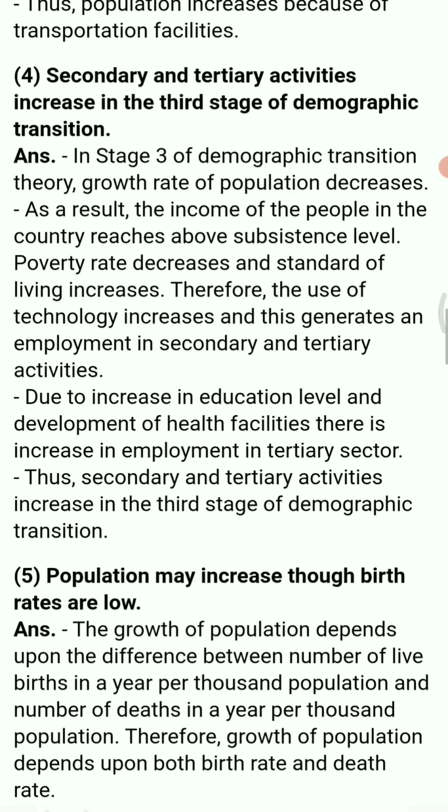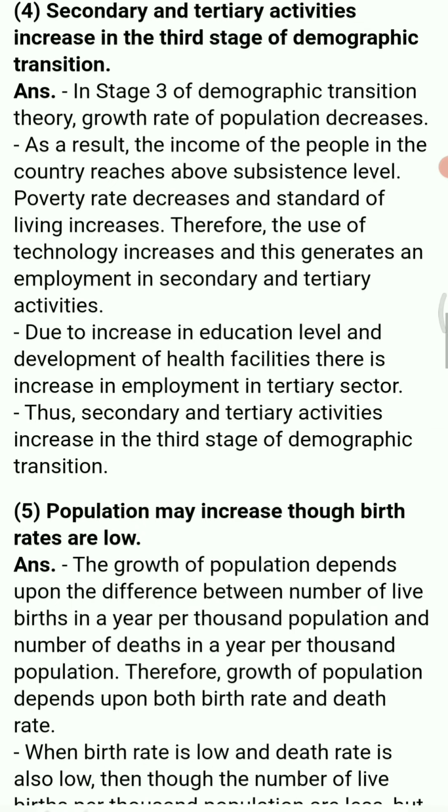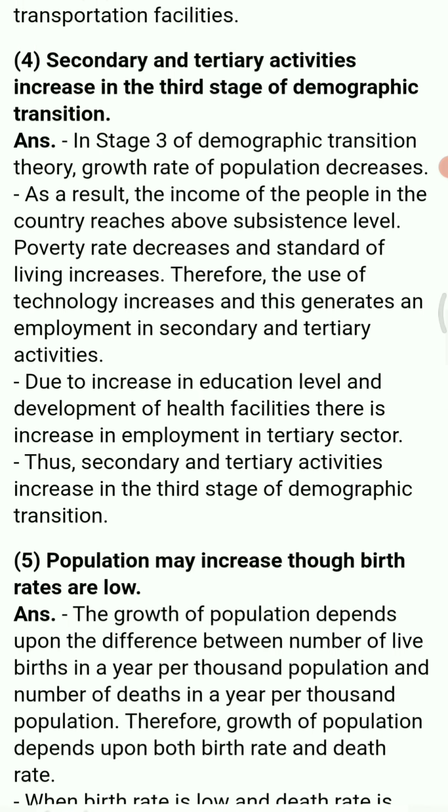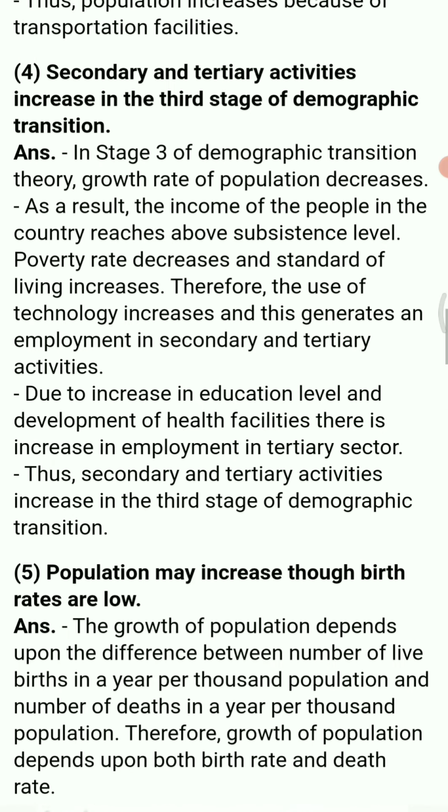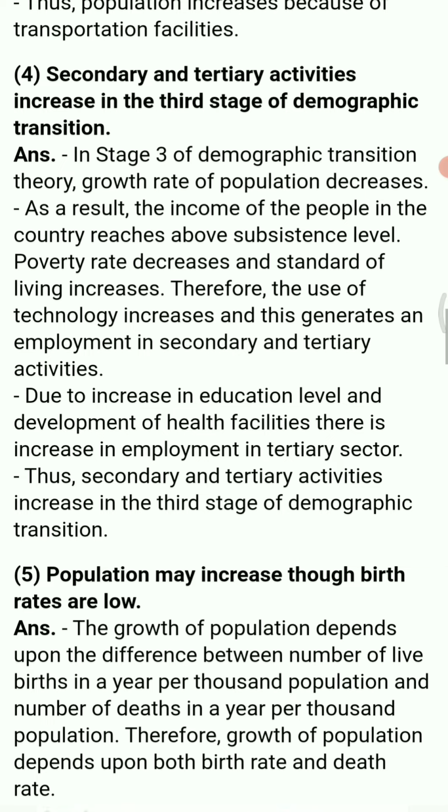Now the next given reason is secondary and tertiary activities increase in the third stage, okay. Now why are secondary and tertiary activities increasing in the third stage? Because the third stage of the demographic transition model is the stage where that specific country is trying to develop itself, okay.